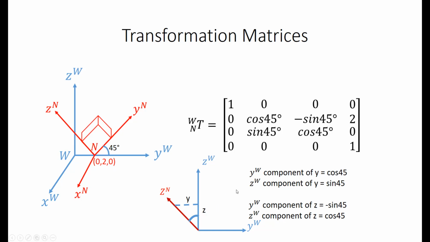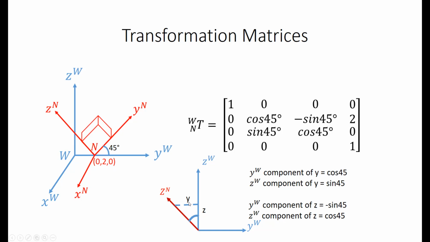So for the y component, we're going to get negative sine 45 degrees. Keep in mind this angle here is going to be 45 degrees, and the y component is opposite to the angle. In the previous one it was adjacent, but now it's opposite. So that means we need sine, so we have sine 45 degrees.